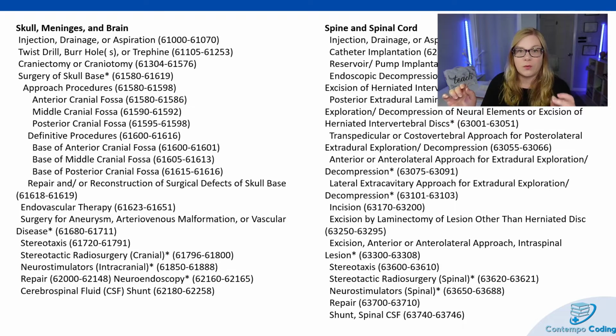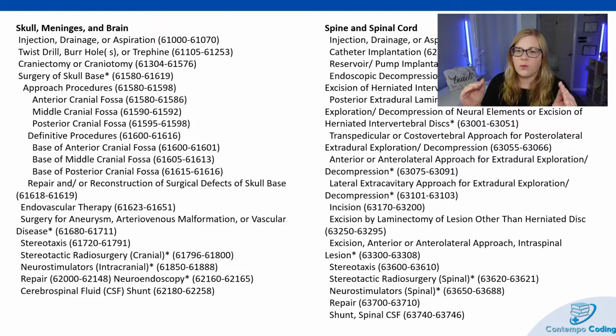So ectomy meaning removal, otomy meaning going into, incising into. And then we have surgery of the skull base. We have approach procedures, so anterior approach, middle approach, and posterior approach, and then definitive procedures, base of anterior cranial fossa, base of middle cranial fossa, and then base of posterior cranial fossa. So location as well as approach.